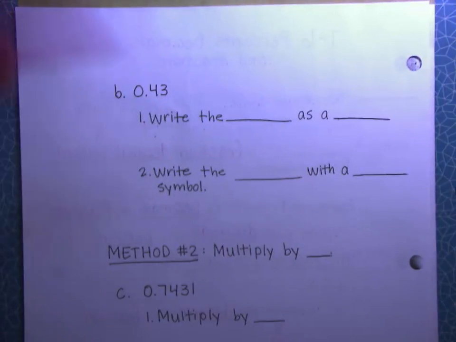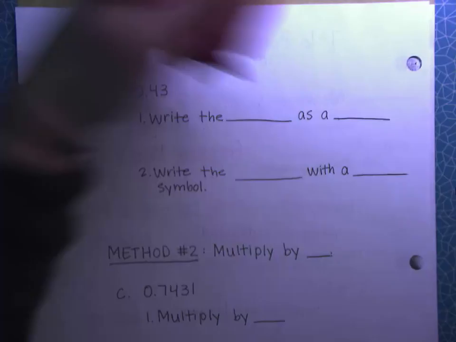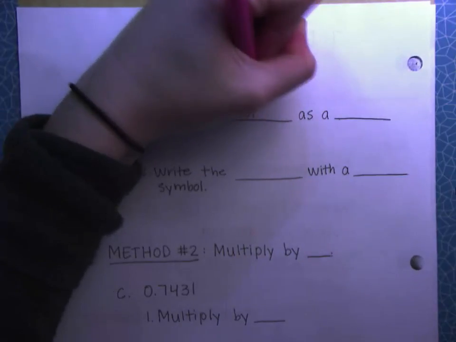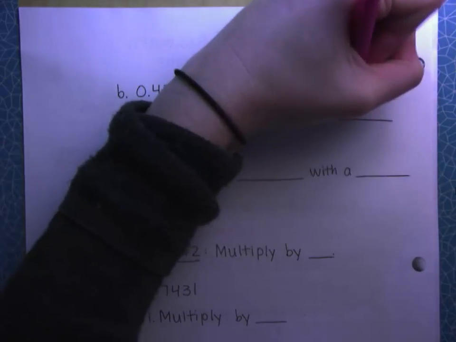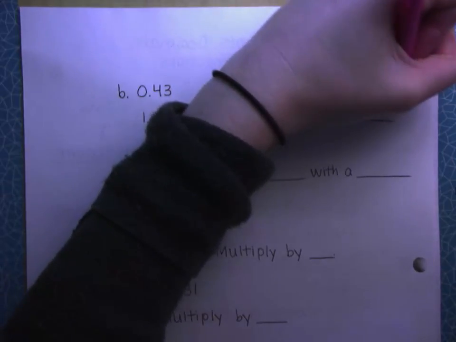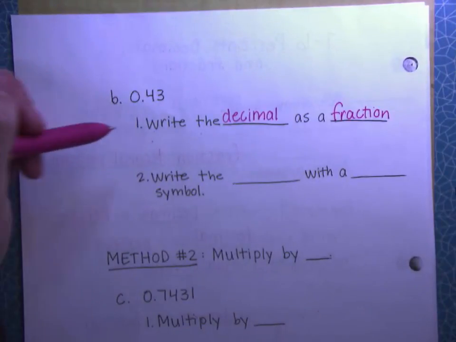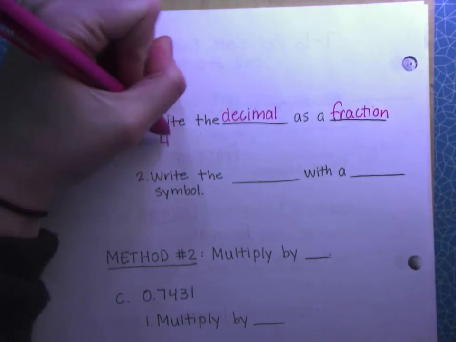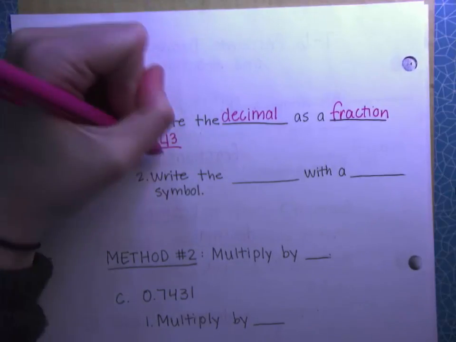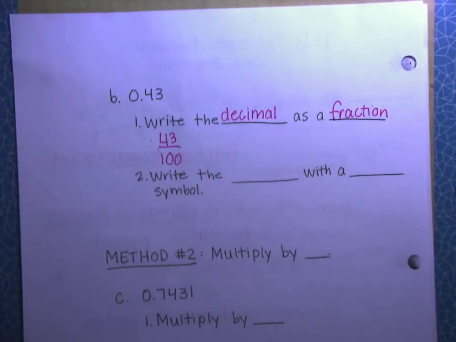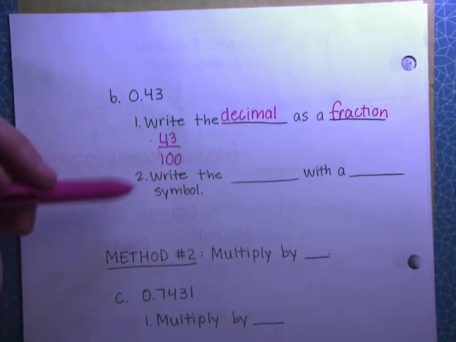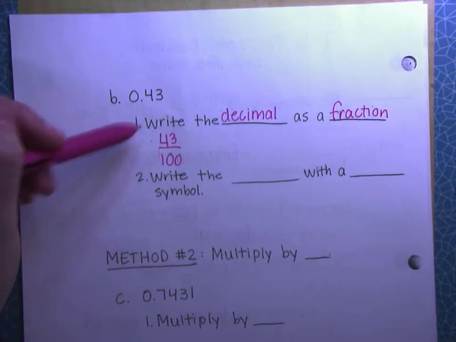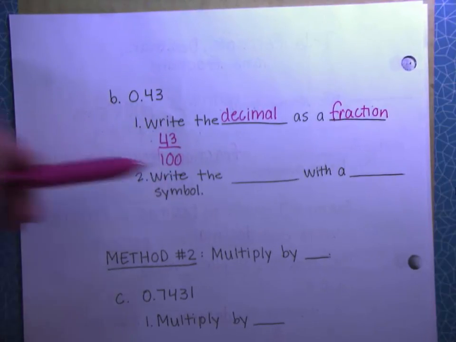So 0.43. The first thing we're going to do, like we did before, is write the decimal as a fraction. If I were to read out this decimal, I would say 43 hundredths. So the way I'm going to write that as a fraction is 43 over 100. Now before, we started with 3 over 10, and then we had to write an equivalent fraction with the denominator of 100, but we already have a fraction with the denominator of 100, so we don't have to do that step.